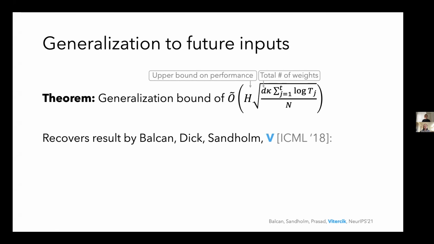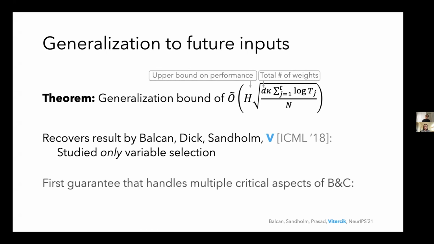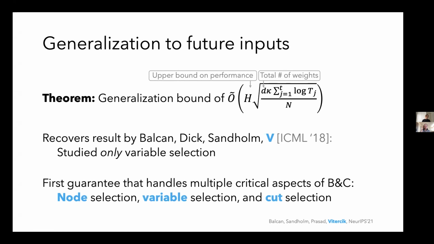This recovers a result of prior research, which studied only variable selection. And these are the first guarantees that handle these multiple critical aspects of branch and cut, like node, variable, and cut selection.